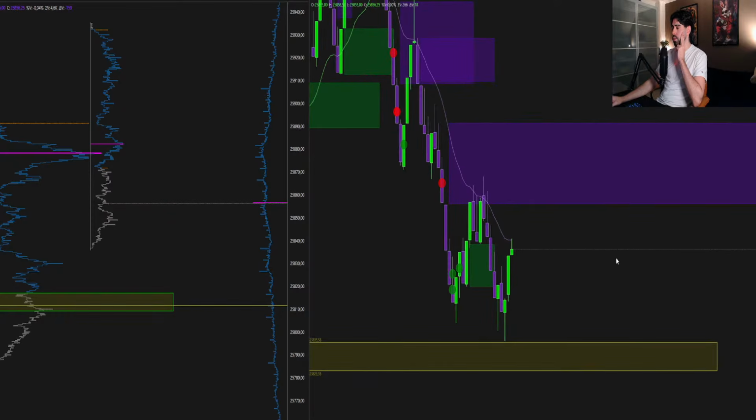It's much easier to see. 25,800 support. Yeah, it's pretty much where we put this buy aggression zone. Exactly. Last line of defense.